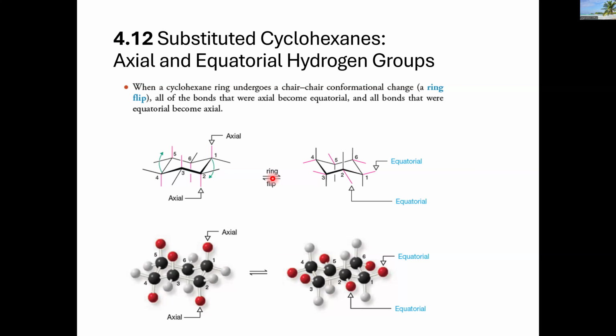So if you have molecules here, your axial becomes equatorial here. So what happens on carbons 3, 2, 6? With 5, the pink is up, axial, up, equatorial, right? Down, equatorial, down, axial, up, equatorial, up.